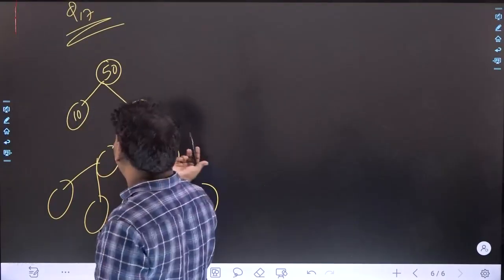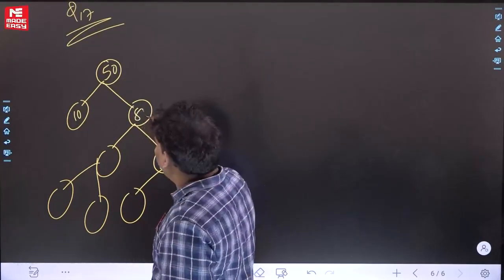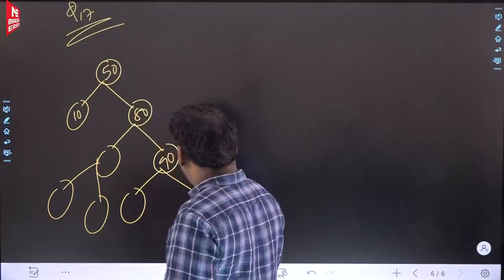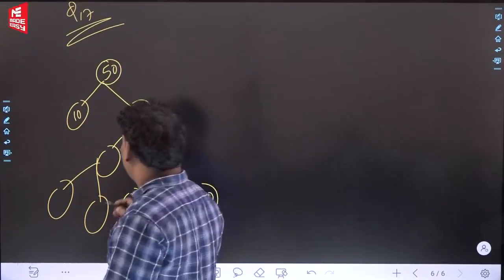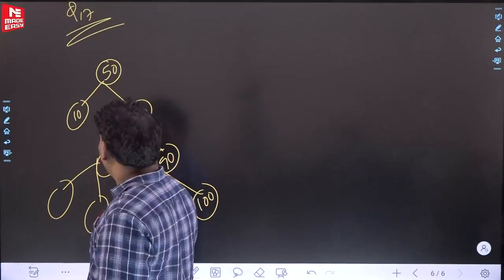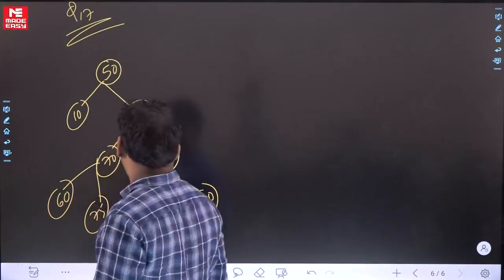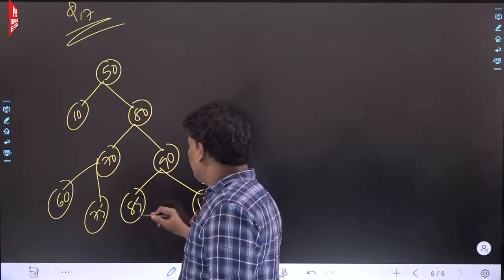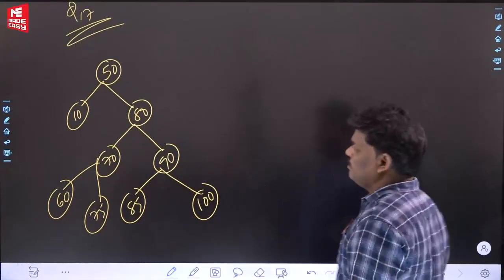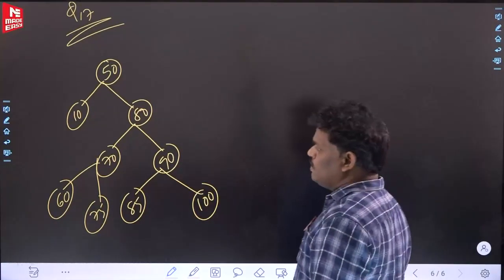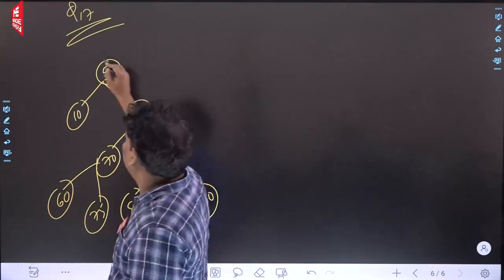Left smaller, right greater. Next one. It is 80. It is a 90. It is a 100. Next one. It is going to be 70. It is a 75. It is 60. This one. It is a 85. Right, like that. It is a BST. See carefully now. This is the BST.